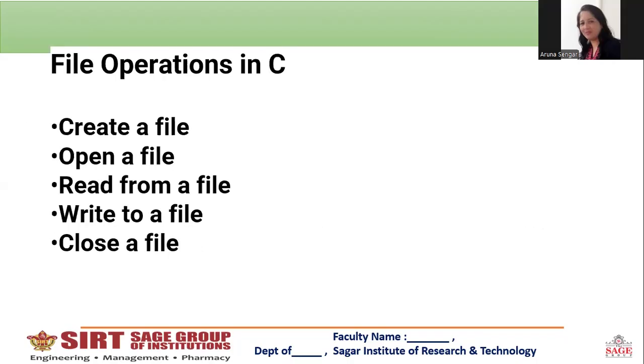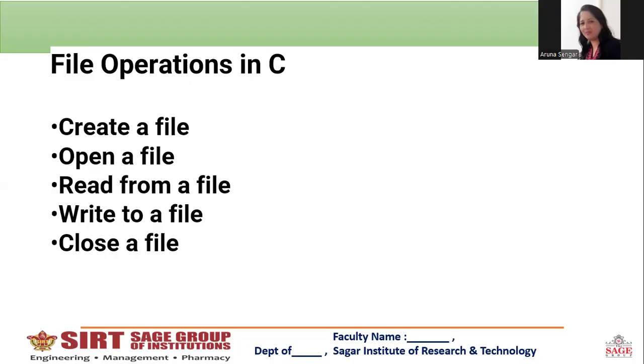We can do the following operations on files in C. First of all, we have to create a file. Then after creating a file, we have to open a file to retrieve data from it. And when we open a file, we can either store data or read data.